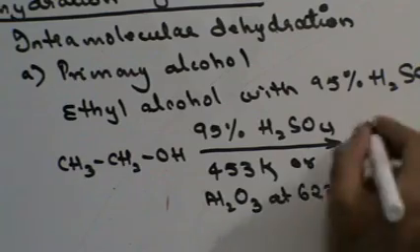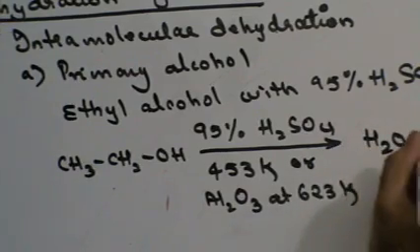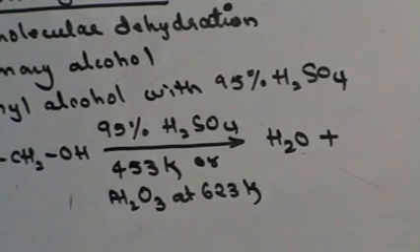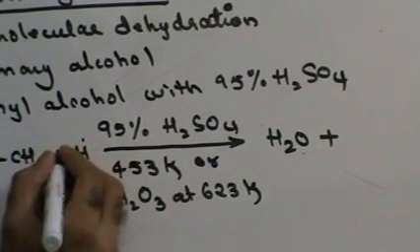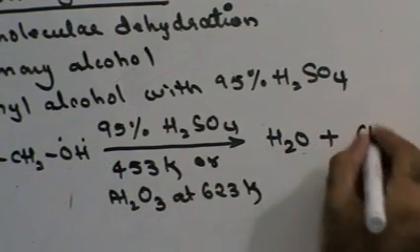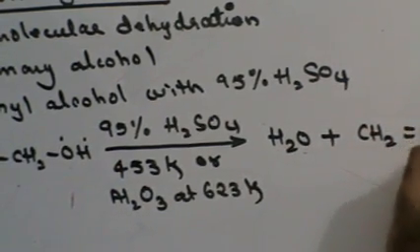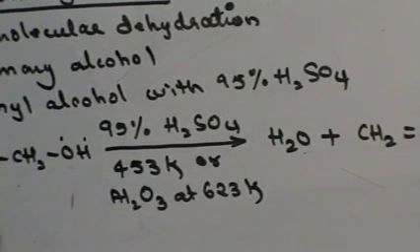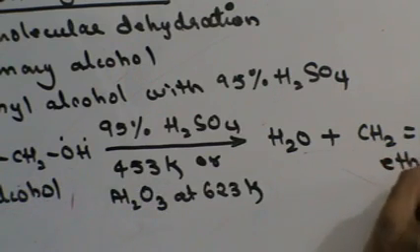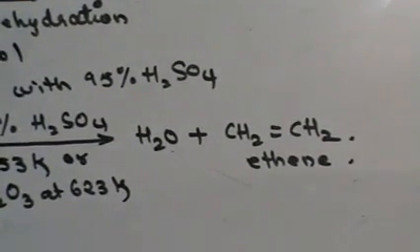Dehydration will take place. Water molecule out, that means you would have one H and one OH gone. So that leaves you with CH2=CH2. Ethyl alcohol gets converted to ethene. This is how you convert alcohols into alkenes.